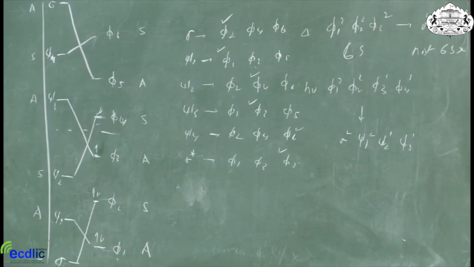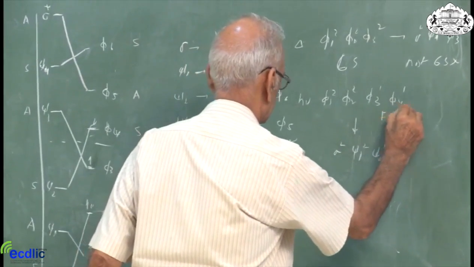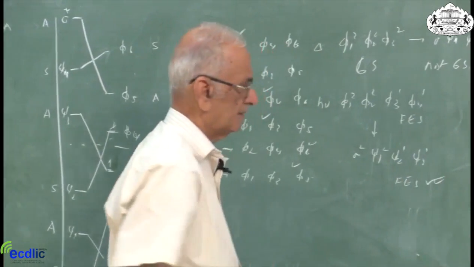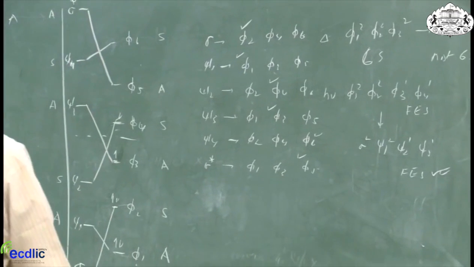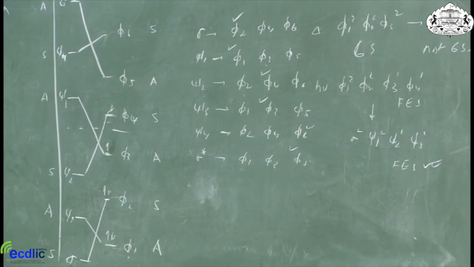So, first excited state has given first excited state. Therefore, 6 electrons photochemical reaction is allowed. Okay.